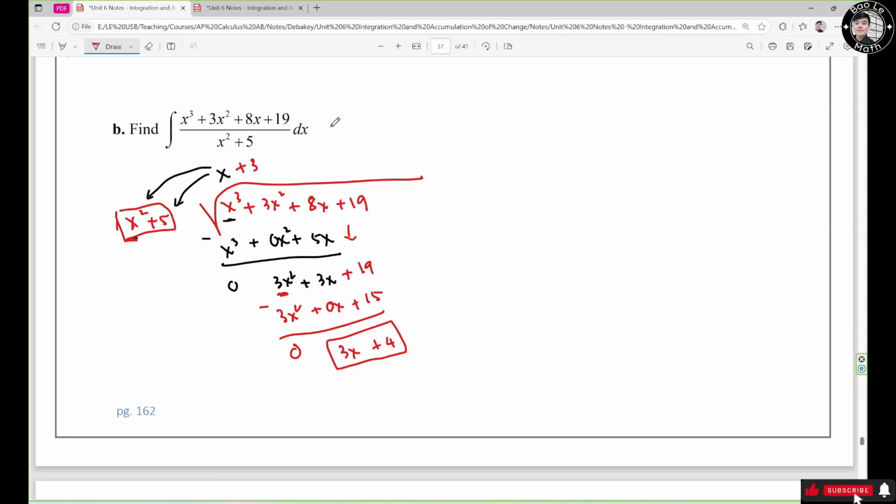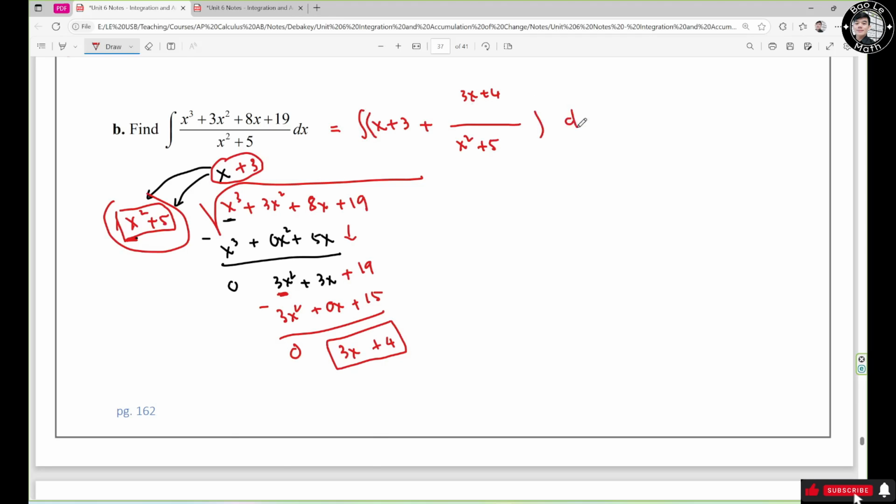So this turns out to be the antiderivative of the quotient, x plus 3, plus the remainder, 3x plus 4, divided by the divisor, x squared plus 5.